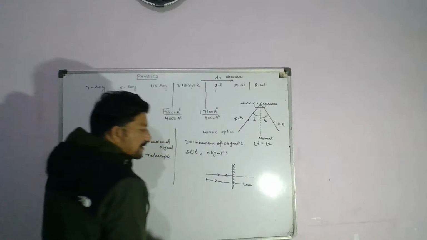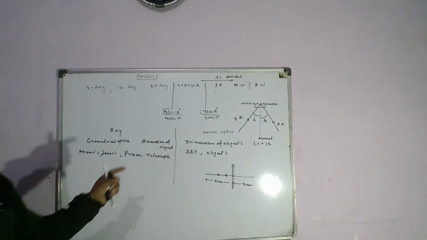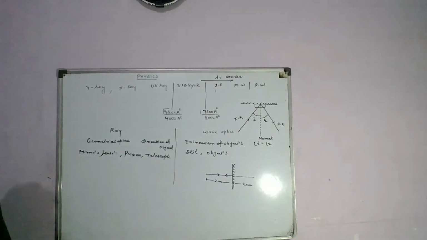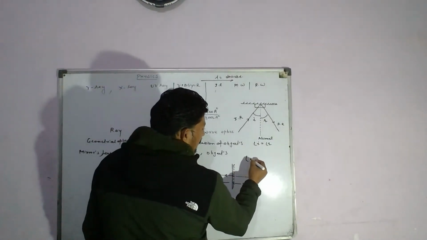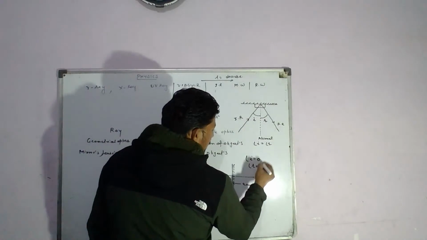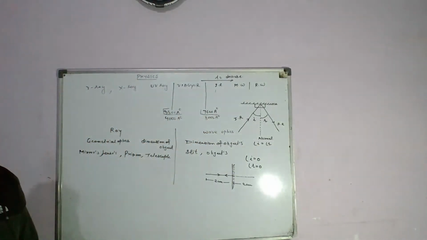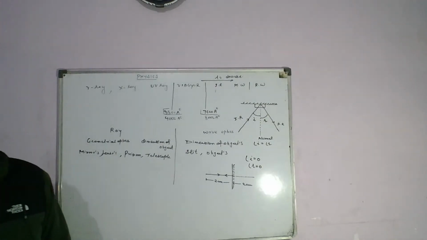So the object distance and image distance are equal. In this case, there is no incident angle, meaning angle i is equal to 0, and angle r is also equal to 0. The incident angle and reflected angle are both 0.